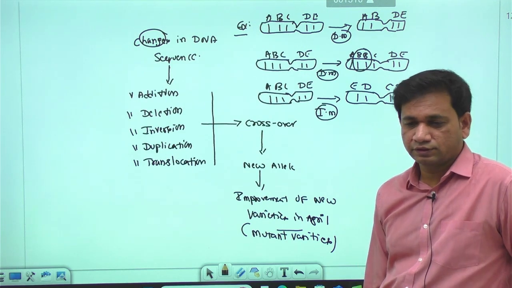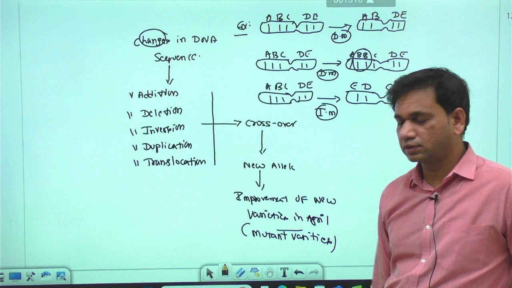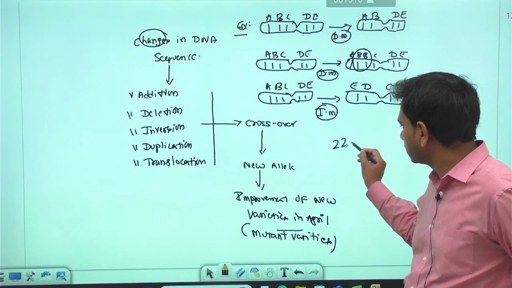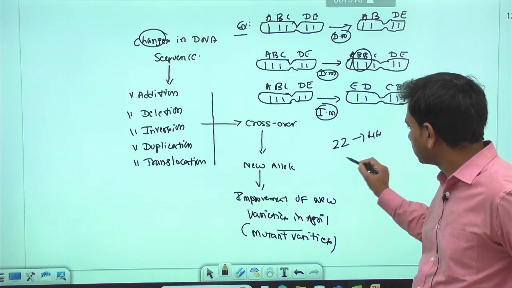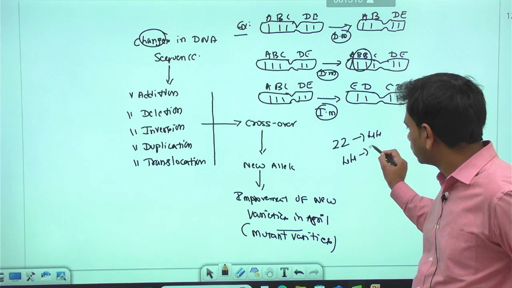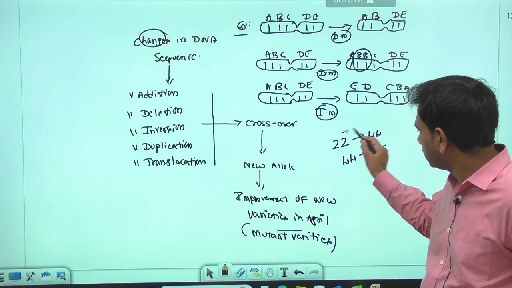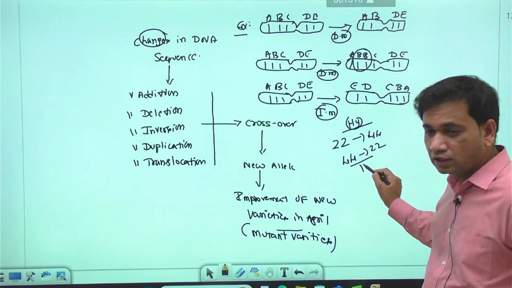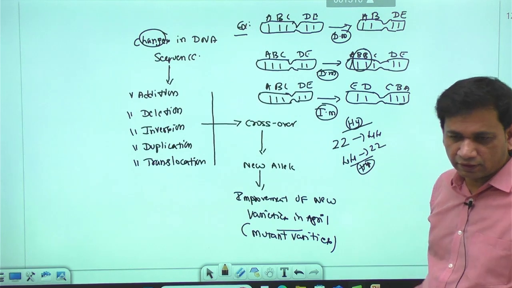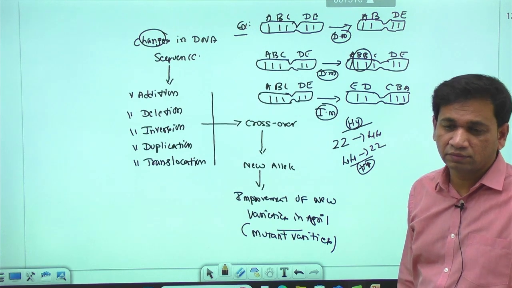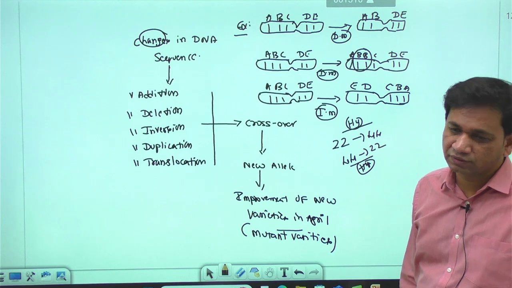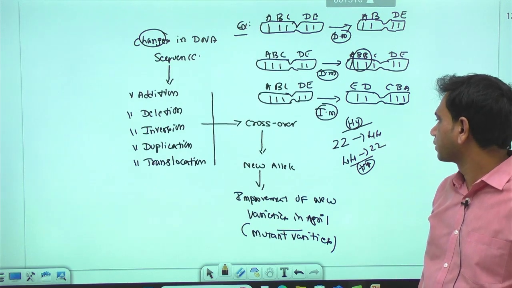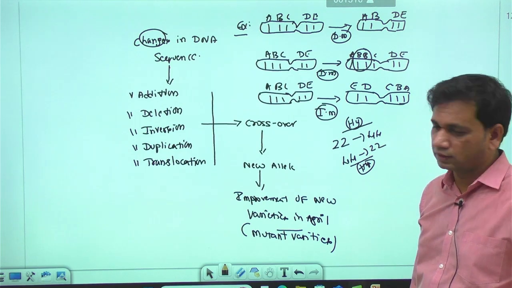For example, 22 will become 44, and at some time it can be 44 to 20 also. So we call this mechanism hyperploidy, and this mechanism hypoploidy. Hypoploidy means loss of the number of the genes, and hyper means addition of the genes. That is the numerical aspect.